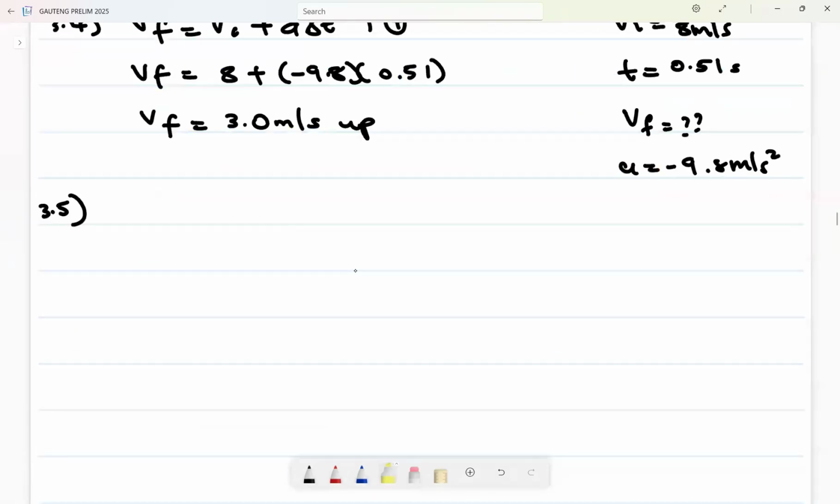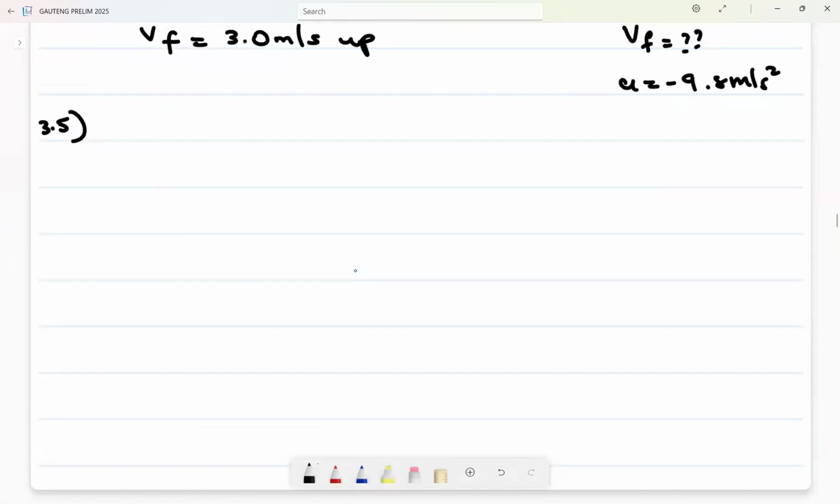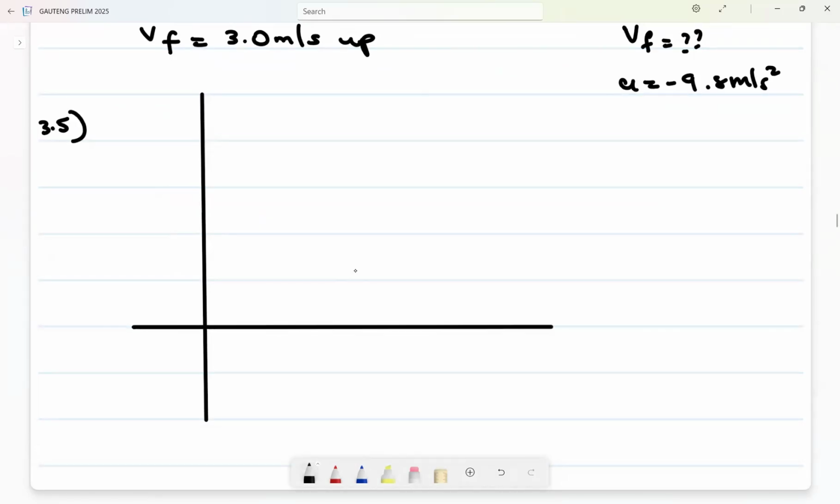Okay, now what I'm going to draw here, I'm just going to listen to the instruction. Remember, this is velocity in meters per second, and this is time in seconds.